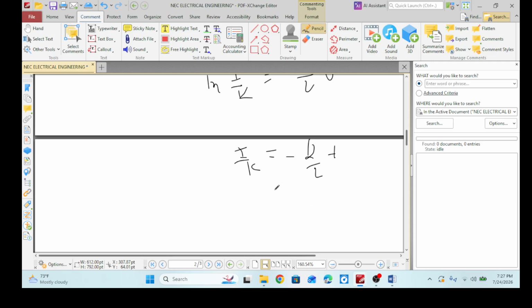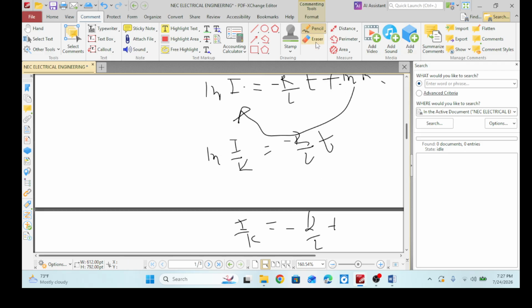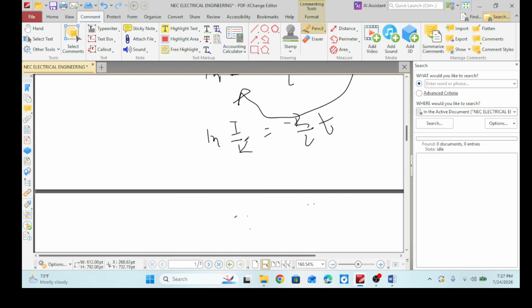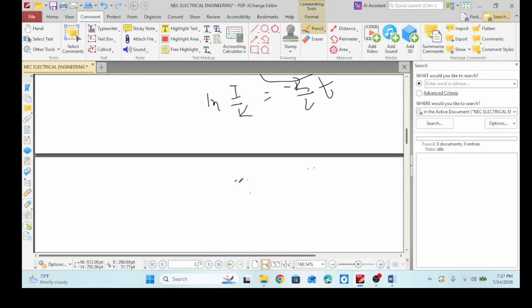Okay, so I would be minus R by L, sorry, wait. Now applying exponential on both sides, we get I by k is equal to exponential of minus R by L into t.